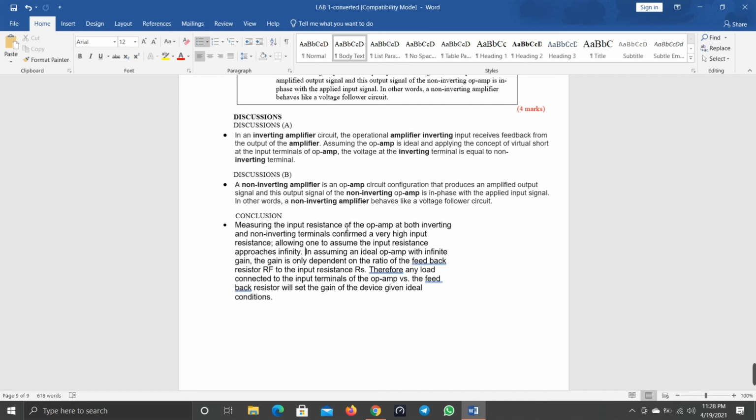In other words, a non-inverting amplifier behaves like a voltage follower circuit. This is my conclusion.